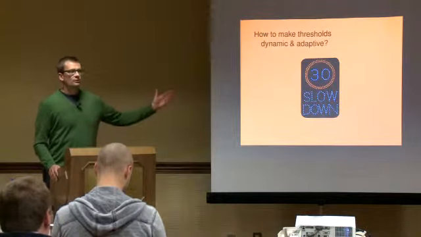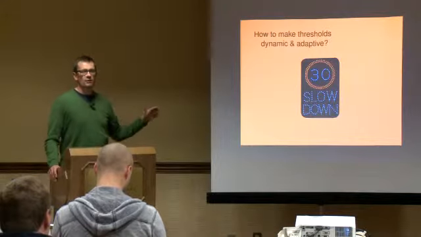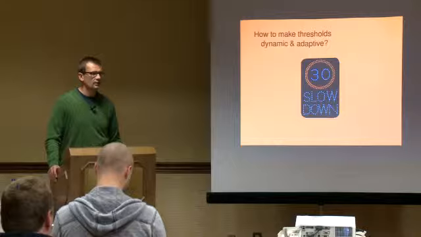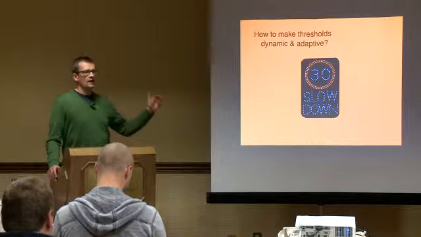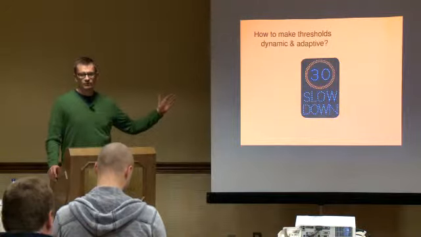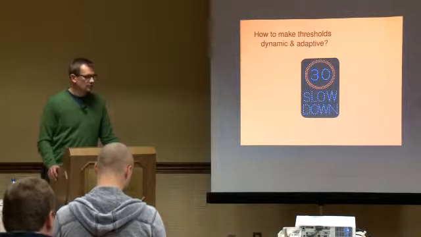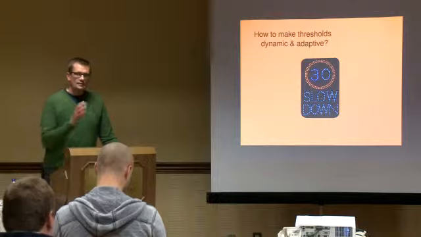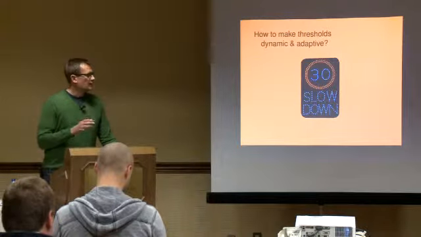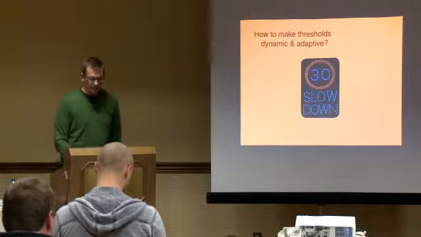Depending maybe on the time of the day, I want people to slow down because I know there would be more traffic, so I decrease the speed limit. Or I discover we have a traffic jam in front of us or a traffic accident. We also need to decrease that threshold or change it. And exactly the same thing we want to have in monitoring, or that's my point anyway.